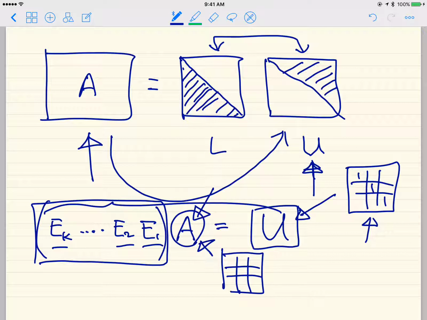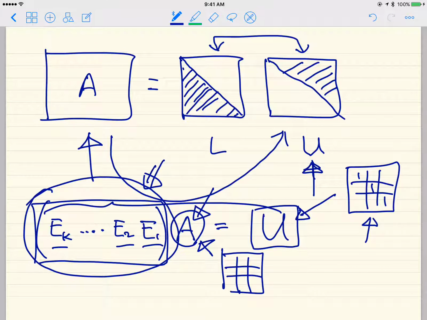Okay, and then this part, if this guy has an inverse, then this L part can be viewed as the inverse of this part, right?